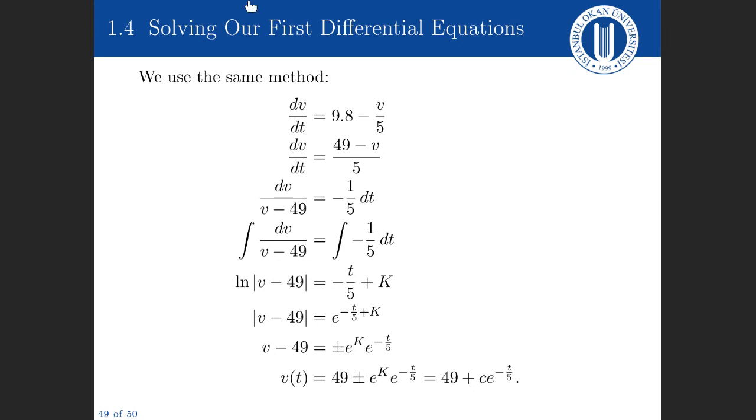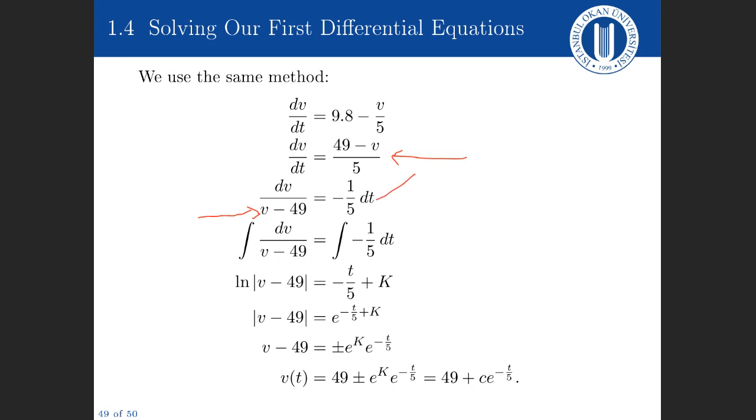Okay, so what I'm doing is I'm starting with a differential equation. It's easier to rearrange if we move everything over 5. So instead of 9.8, I'm changing this to 49 divided by 5, because 49 divided by 5 is 9.8. And then I'm rearranging it so that I'm moving the v minus 49 over to the left.